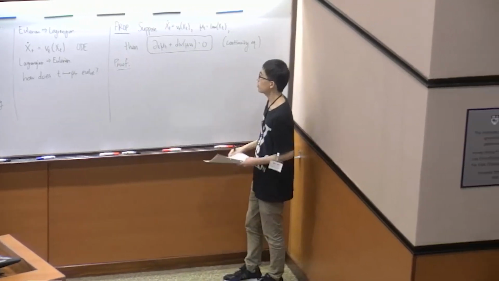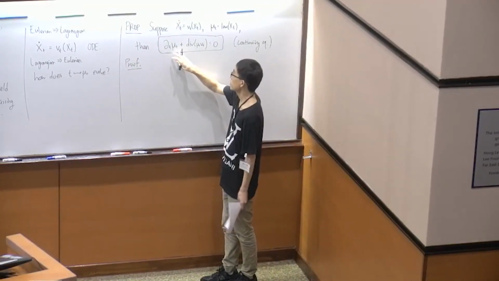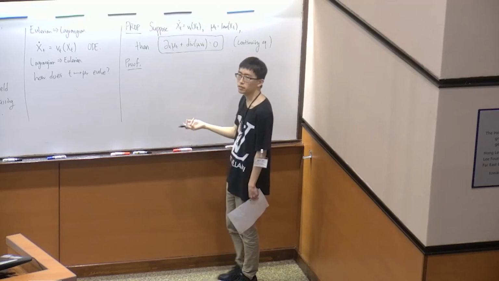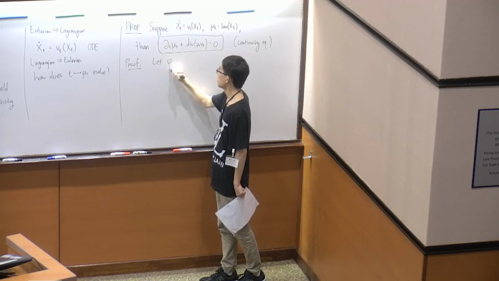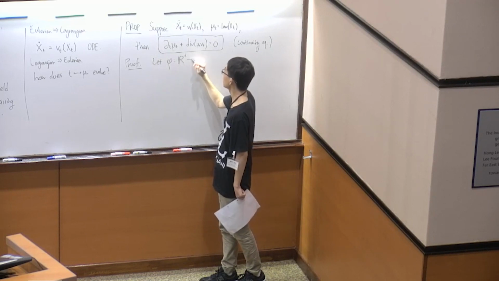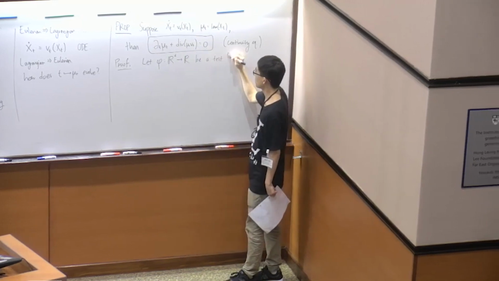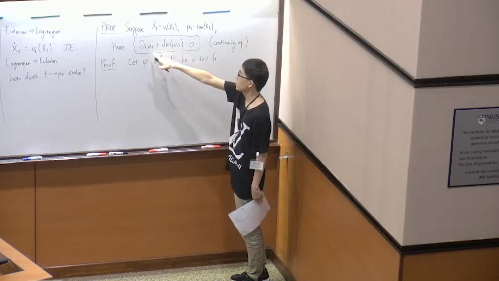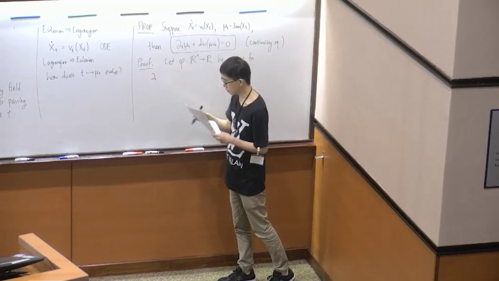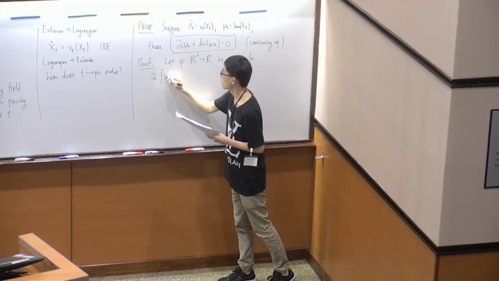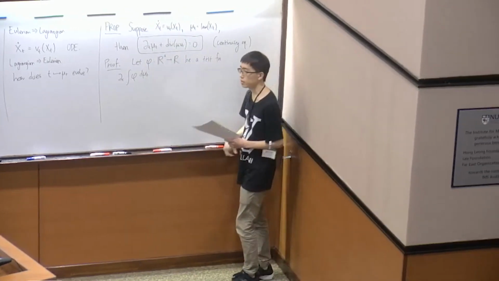Okay, so let's just try to see why this is true. Basically, in order to show this, I just want to argue about the evolution of test functions along this trajectory. So let phi be some test function. To understand the time derivative of mu t, it suffices to understand the time derivative of the integrals of all these test functions along mu t.